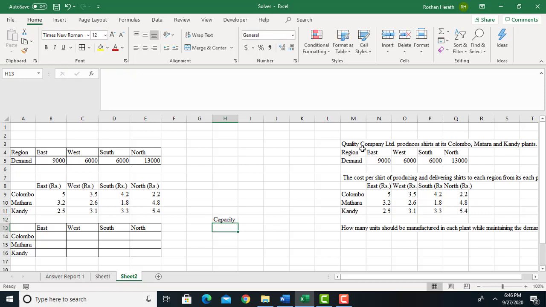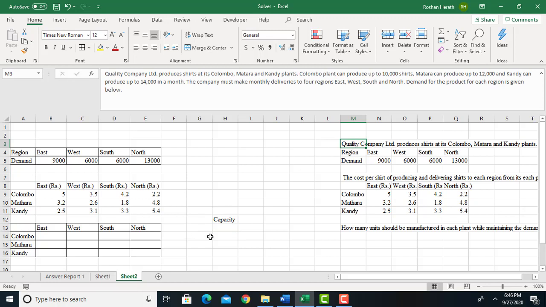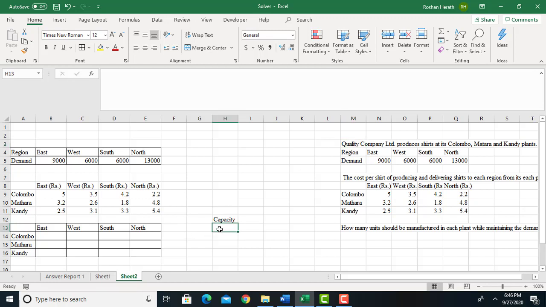So the capacity is given for each of these. Colombo you can go up to 10,000, Mathur it's 12,000 and Kandy it is 14,000. So depending on that, we may just assume a particular number.